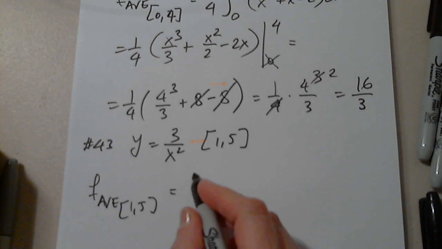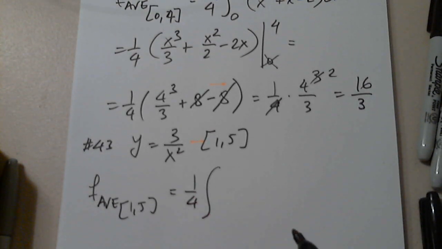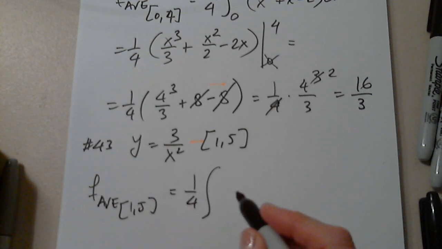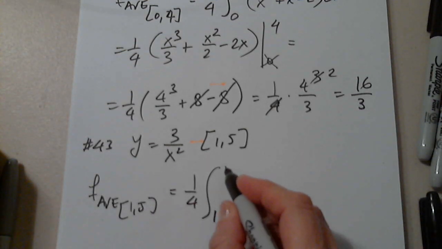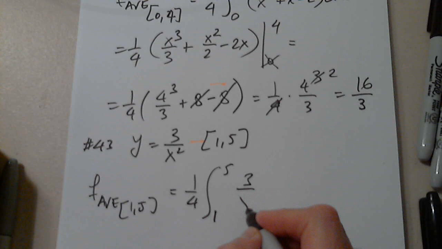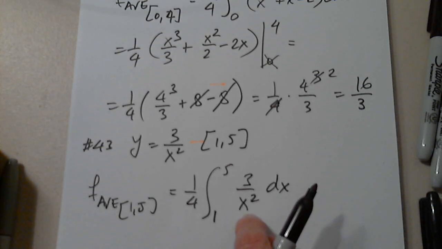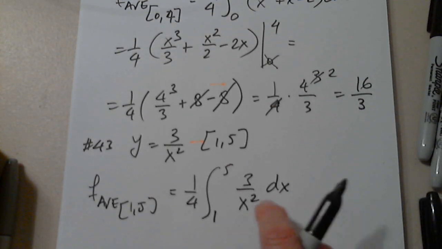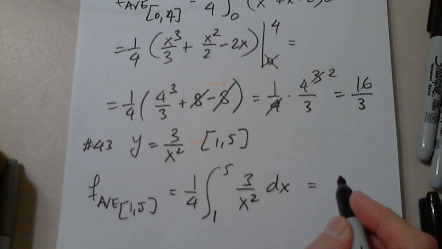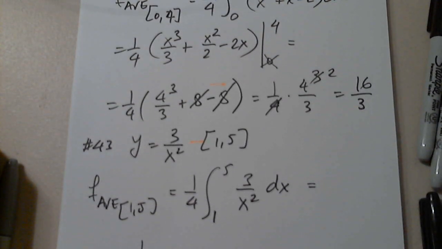Yes, 5 minus 1, very good. The definite integral from 1 to 5 of the function 3 over x squared dx. Please remember there is no integral without dx. If this is t, dt. If this is w, dw. Good. Excellent. So 1/4 stays outside.